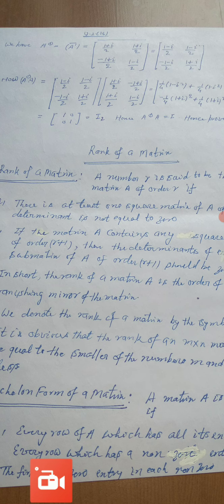The number of non-zero rows will be the rank of the given matrix. So now we discuss the echelon form of a matrix.